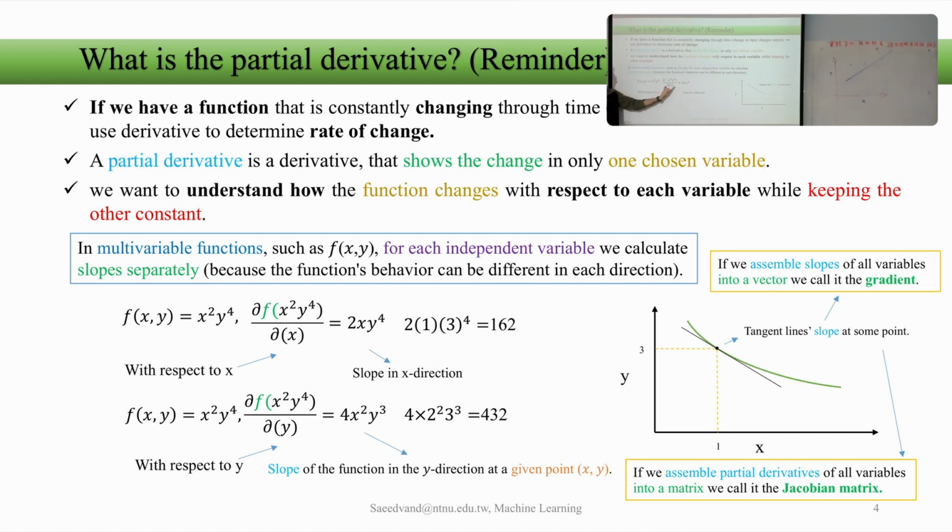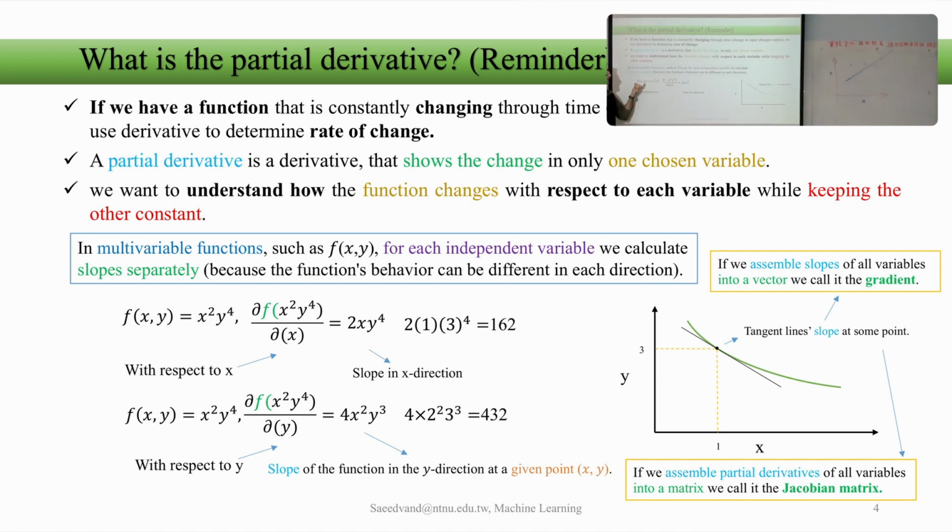If you take the partial derivative based on x, you will have 2x y to the power of 4, because the power 2 comes down as a multiplier and the power is reduced by 1. That's how we did it in simple math. I'm pretty sure you're all familiar with it.